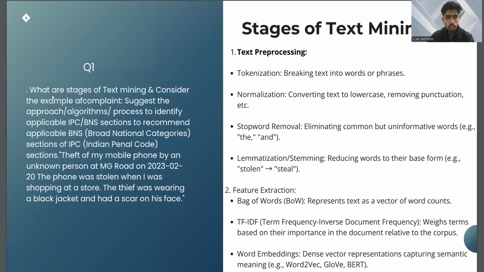The first question is: what are the stages of text mining? Consider the example of a complaint, and suggest the approach, algorithms, and process to identify applicable IPC or BNS sections to recommend. Example: the theft of my mobile phone by an unknown person at MG Road on 20 February 23.